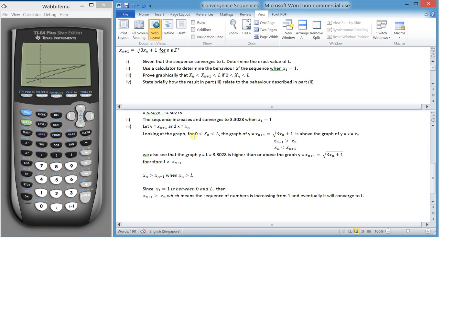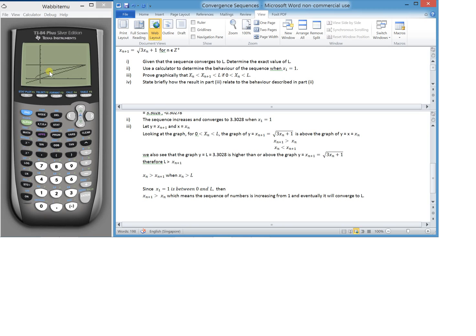It means that at that point, this is an increasing sequence. You see, the next term is always greater than the current term. Let's say you get a number between 0 and 3.3028. It will be an increasing sequence because the next term is greater than the current term.